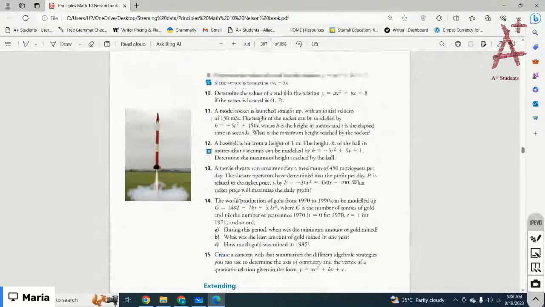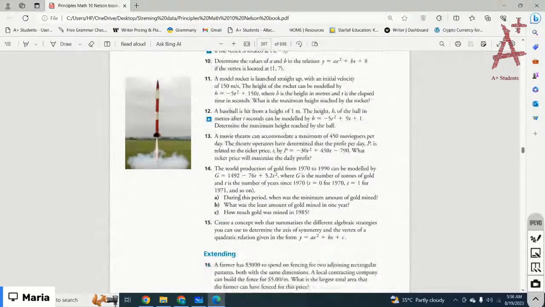Okay, let's just start with question number 14. The world production of gold from 1970 to 1990 can be modeled by G equals 1492 minus 76T plus 5.2T square, where G is the number of tons of gold and T is the number of years since 1970.